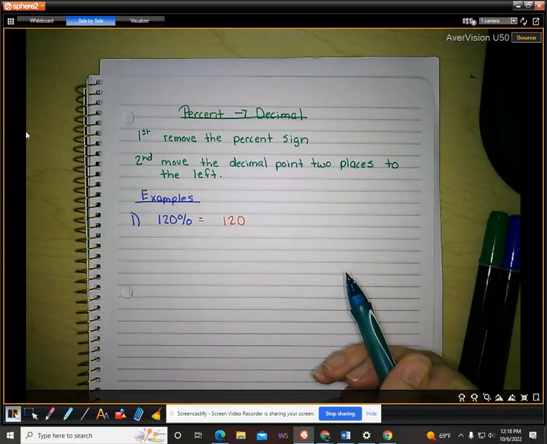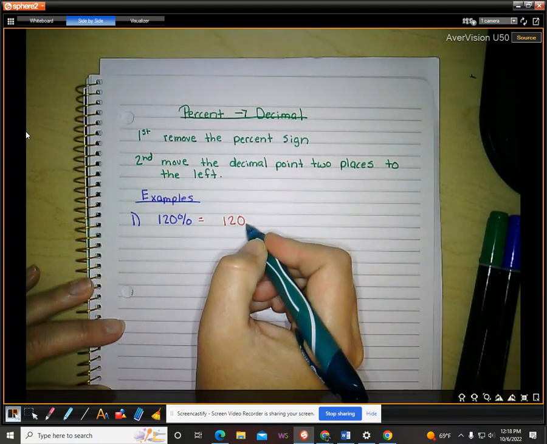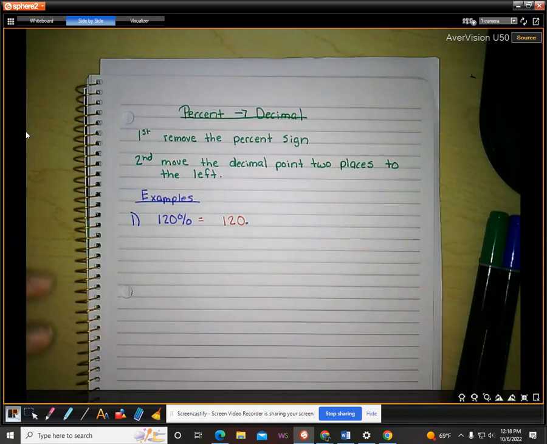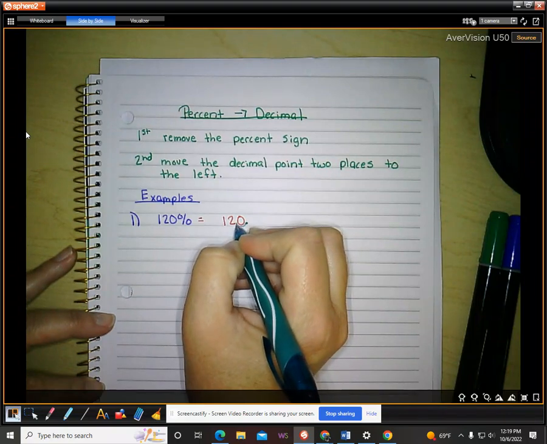Where is the decimal point in the number 120? Mason? It's a whole number, so it's at the end. Then you have to know where the decimal point is. You are going to move the decimal point 2 places to the left. Same as before.